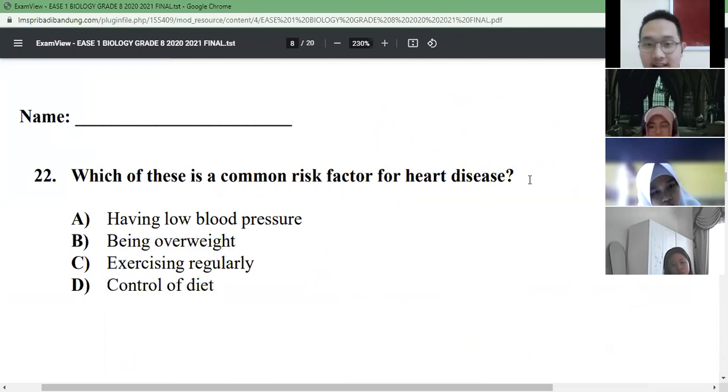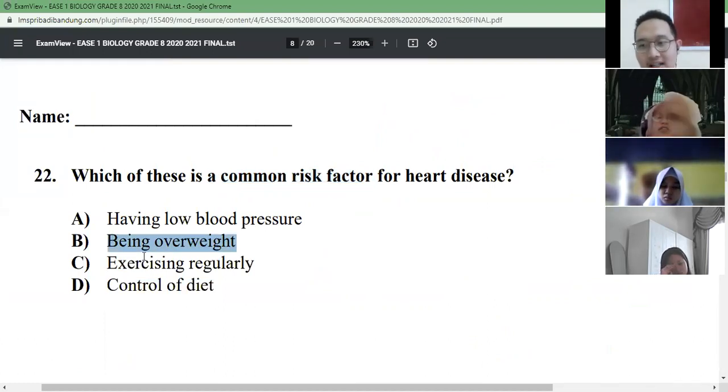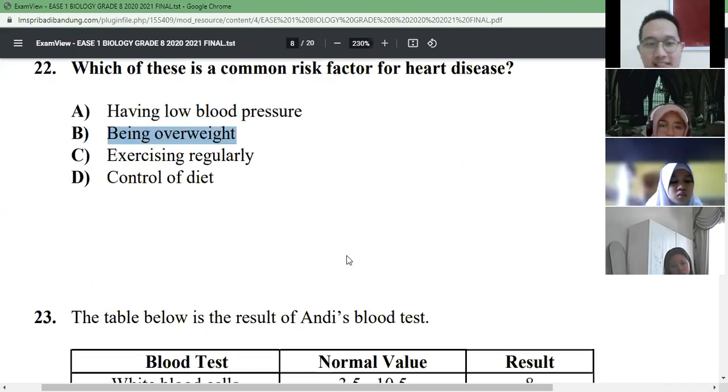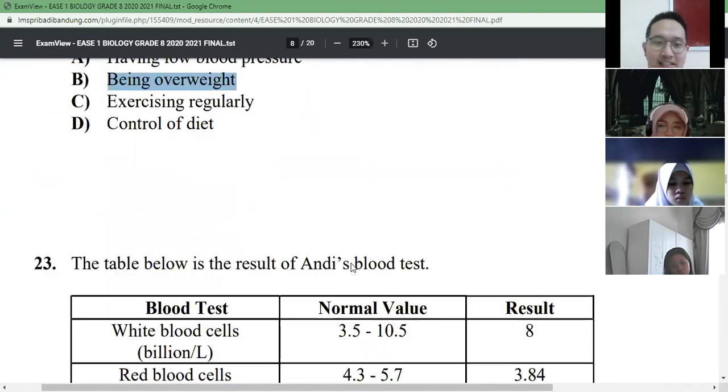Which one? Being overweight. Obesity may lead to several diseases: diabetes, heart disease, renal failure, respiratory system disorder, and something. So please be careful. Do not be overweight. Stay at the ideal weight.